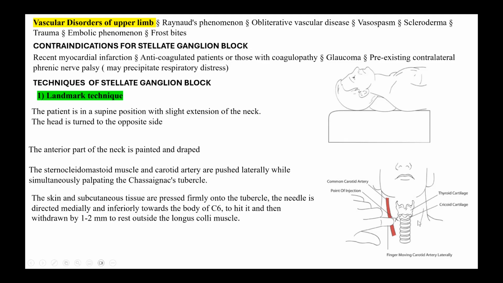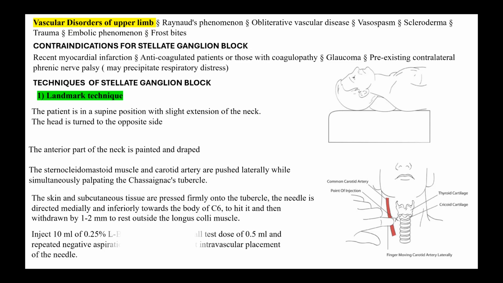So you hit that transverse process of the 6th and then withdraw 1 or 2 millimeters, and the needle will be on the longus colli muscle, over which this ganglion is lying. Depositing about 5 to 10 ml will cover this ganglion easily. So inject 10 ml of 0.25% levobupivacaine after a test dose and negative aspiration for blood to rule out any intravascular placement.